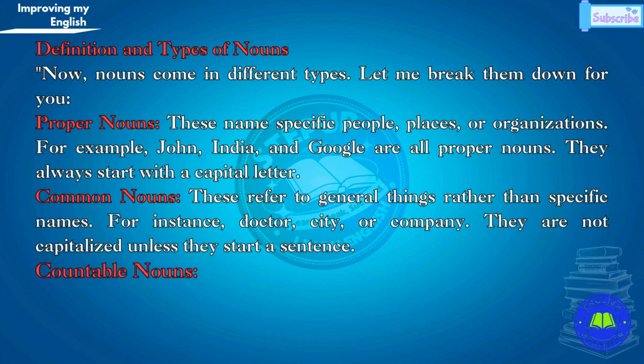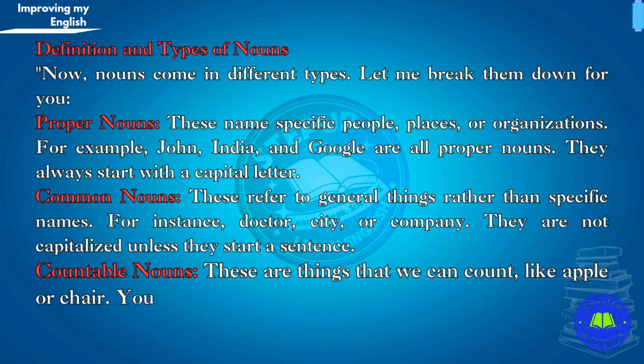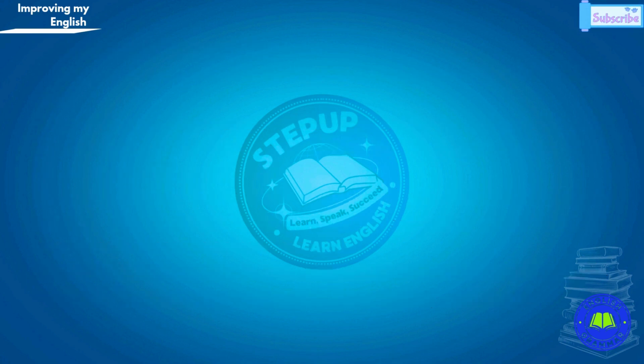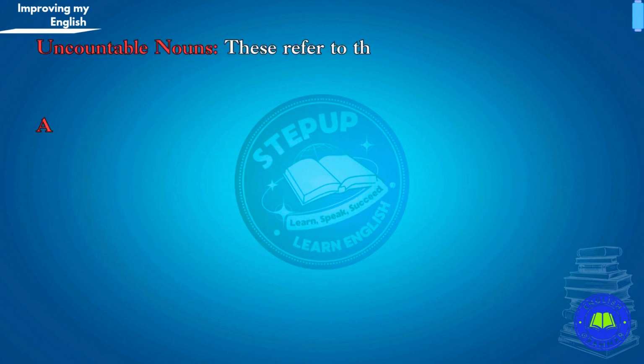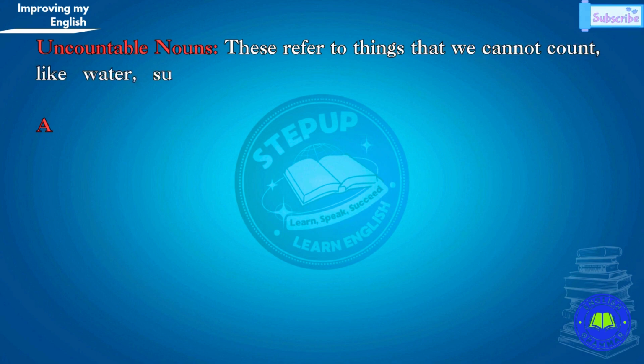Countable nouns. These are things that we can count, like apple or chair. You can say 1 apple, 2 apples, and so on. Uncountable nouns. These refer to things that we cannot count, like water, sugar, or information.